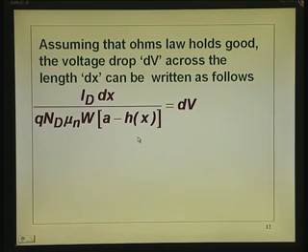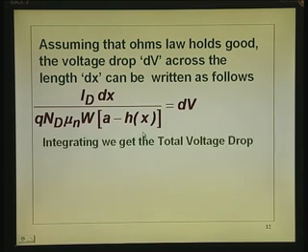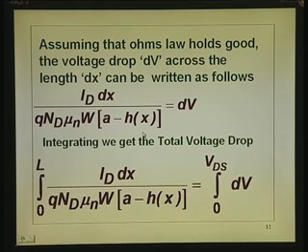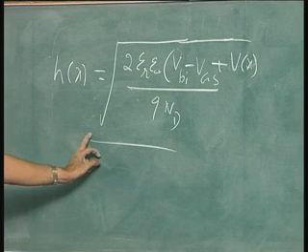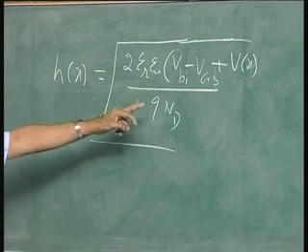Channel thickness is A minus H. Okay? That is potential dependent. So, we use this, integrating, we get the total drop. All that we do is integrate that, and once we integrate that, what we do is substitute for h here, that term. H is given by this term. So, it is a voltage dependent term.